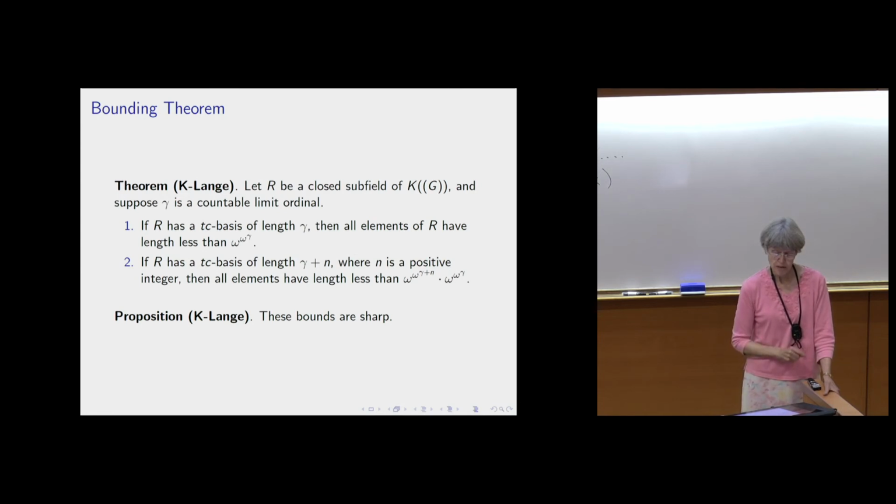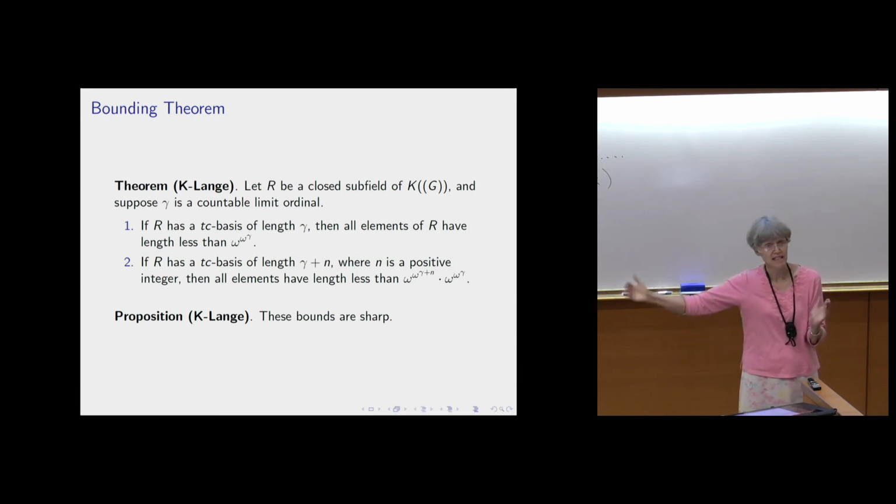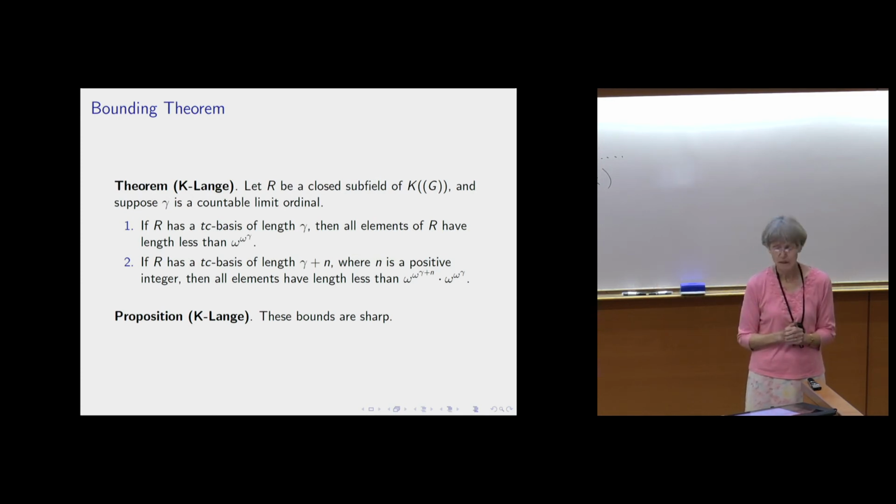So having proved the result for the Archimedean group, what we wanted to do was a kind of induction on the number of Archimedean classes. If we had a TC basis and there was a new element at the end that put us into a new Archimedean class, then we would look at elements in two ways.